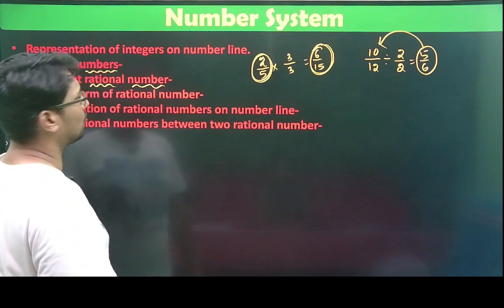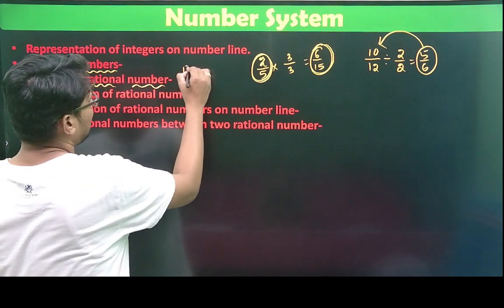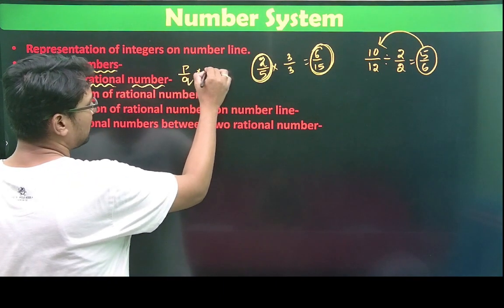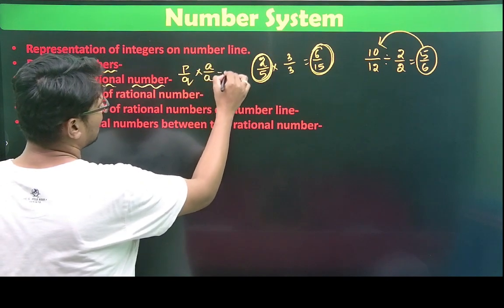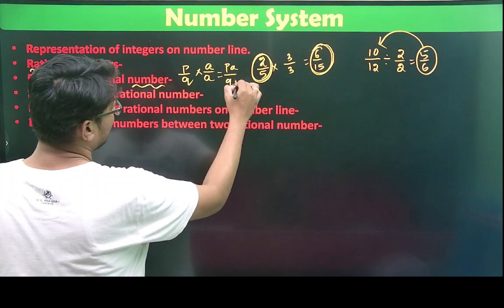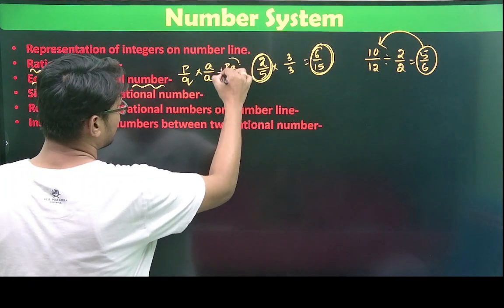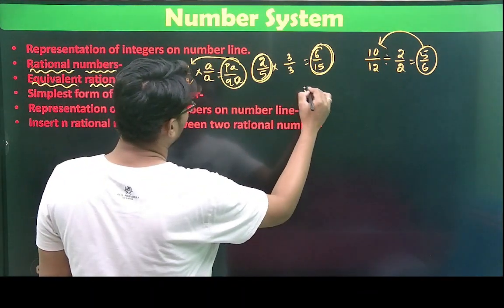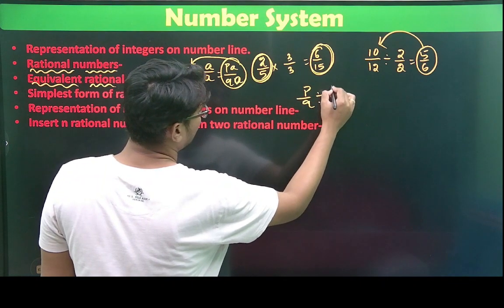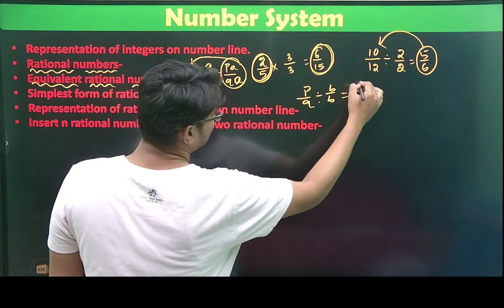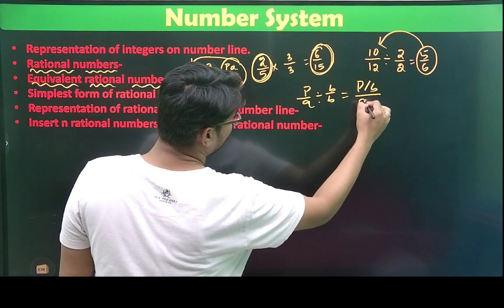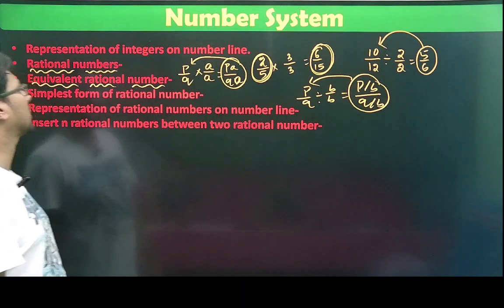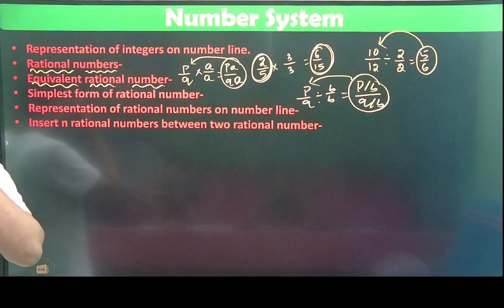In general, if P by Q is a rational number, then P by Q into A by A equals PA by QA, which is a rational number equivalent to P by Q. Similarly, P by Q divided by B by B equals (P divided by B) by (Q divided by B), which is a rational number equivalent to P by Q. Are you clear? Any doubt?